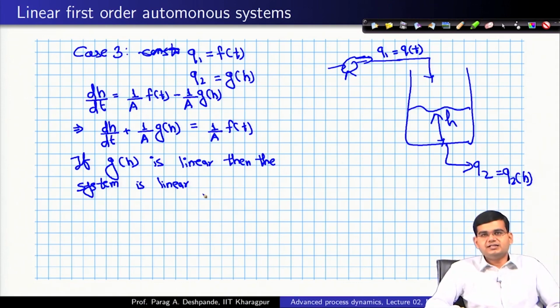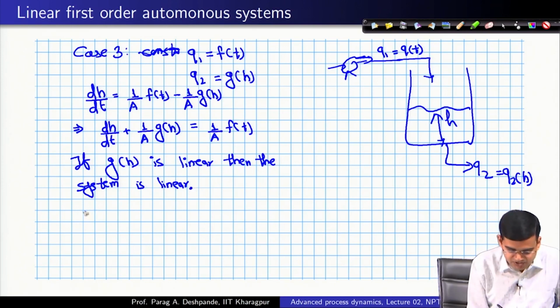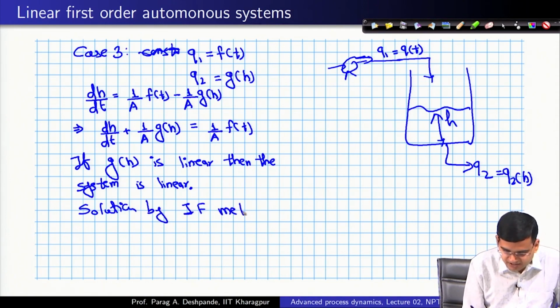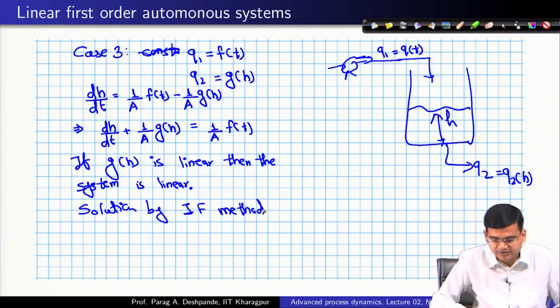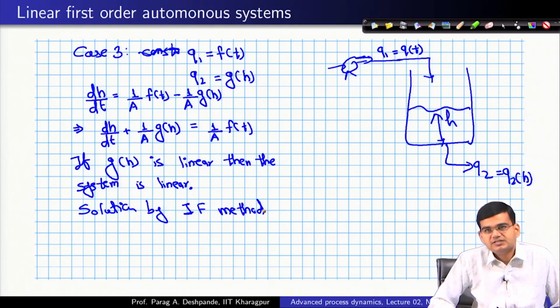You can see that the condition of linearity is not required for f(t). f(t) does not need to be a linear function for this particular equation to be linear. g(h) has to be a linear function, and you can solve again by the integrating factor method. If you know the explicit forms of g(h) and f(t), you can solve this equation.